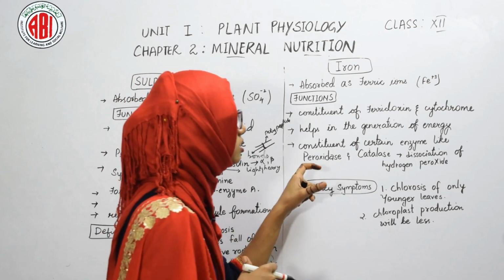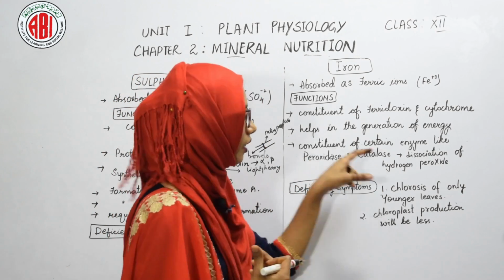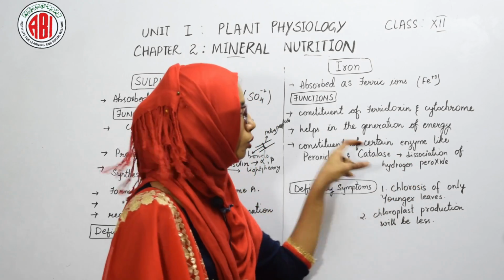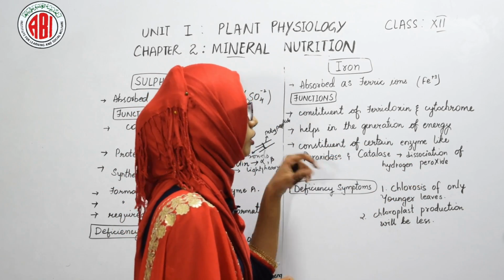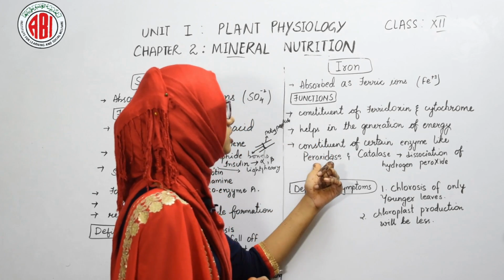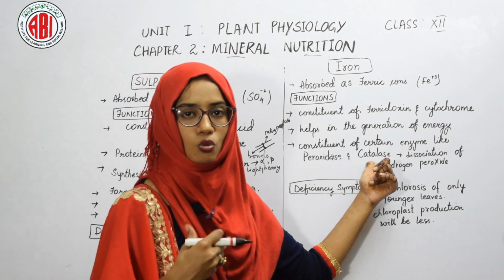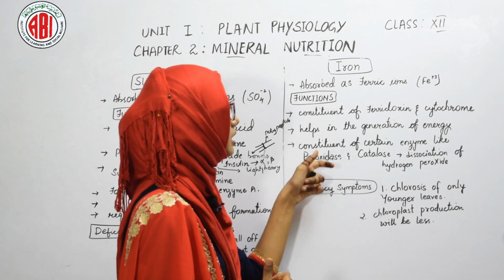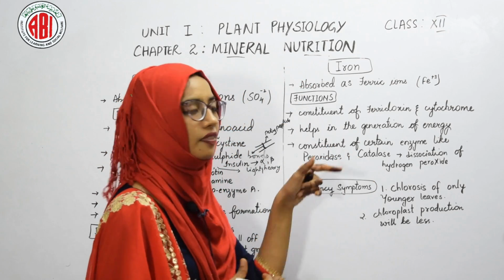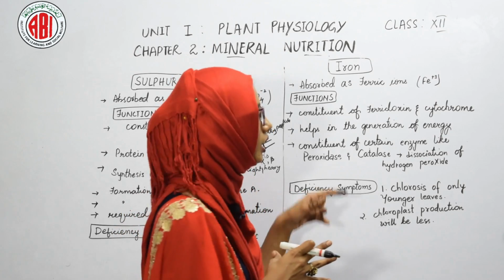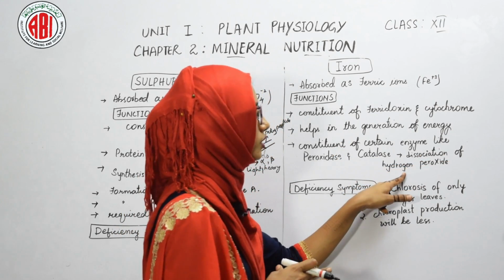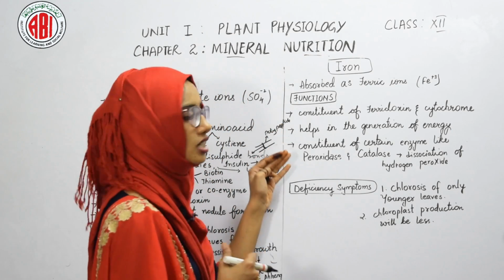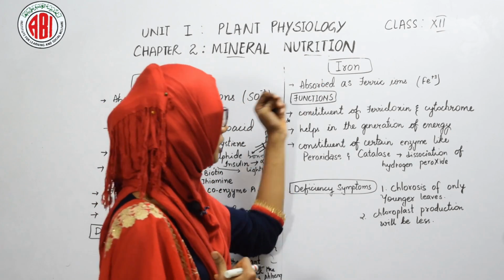To remove that toxicity, peroxidase and catalase need to be active, and these enzymes contain iron compounds, which help in the dissociation of the toxic substance hydrogen peroxide. So these are certain functions of the element iron.